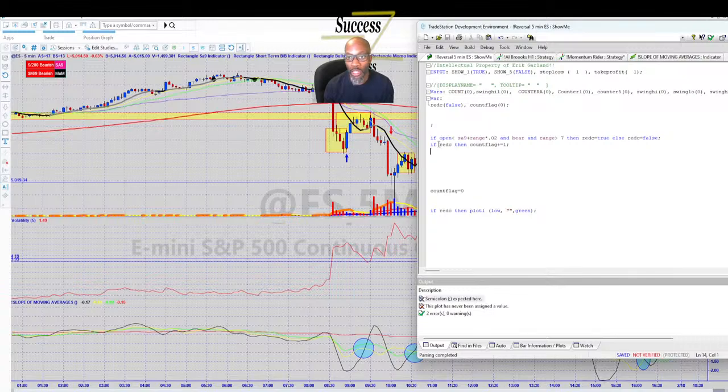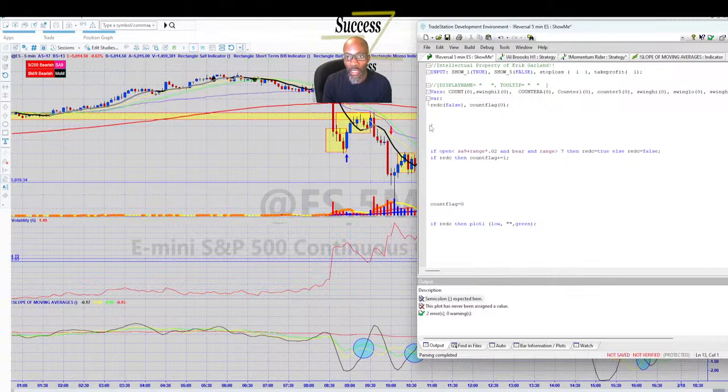All right, but I know that if red C is true, then we're going to start the count flag. And once we start the counting of the flag, then it'll just continue to count every time. Count flag is normally going to start at 0. So once it becomes 1, now when it comes back around, if it's greater than or equal to 1, I want to add 1 to it every time.